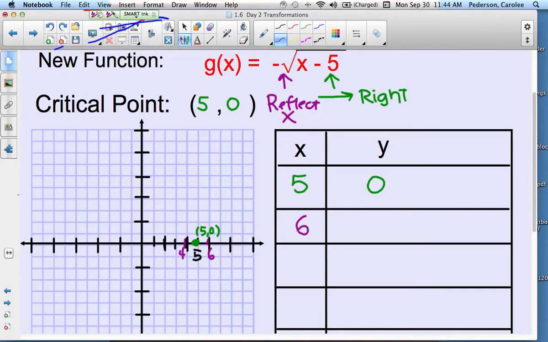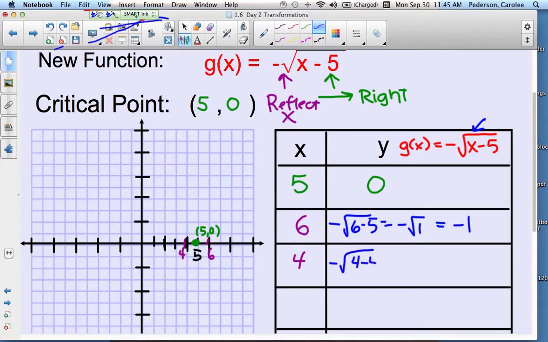And we're going to substitute it in for the red function. So again, it's going to be g of x equals negative square root of x minus 5, and you're substituting it in for x. So negative square root of 6 minus 5. 6 minus 5 is 1. The square root of 1 is 1, and then we have a negative out in front.